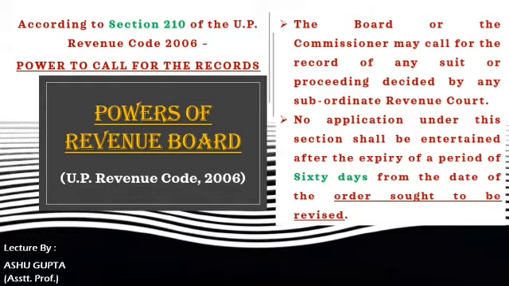And no application under this section shall be entertained after the expiry of a period of 60 days from the date of the order sought to be revised. So 60 days का एक टर्म पीरियड दिया गया है कि अगर कोई भी एप्लीकेशन रेवेन्यू बोर्ड में एंटरटेन करनी है तो 60 डेज के अंदर की जानी चाहिए. Let's move on to the next slide.